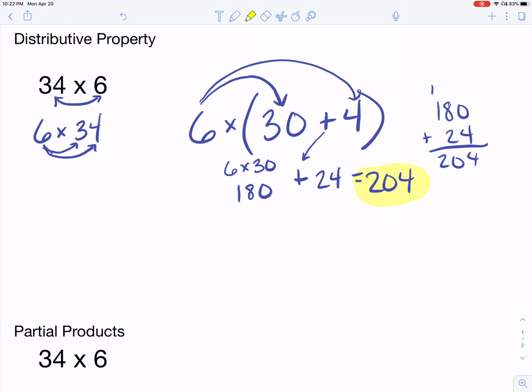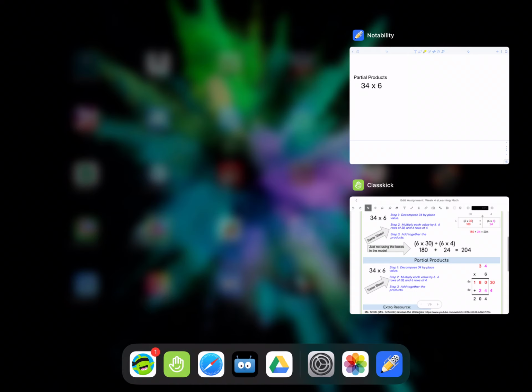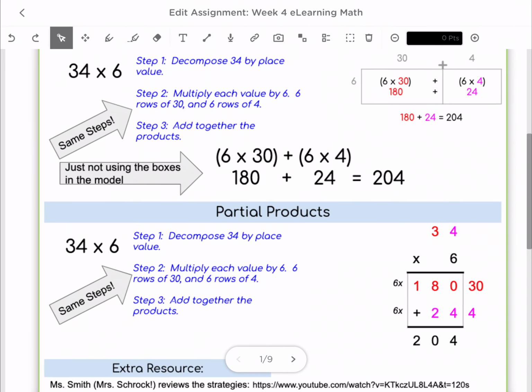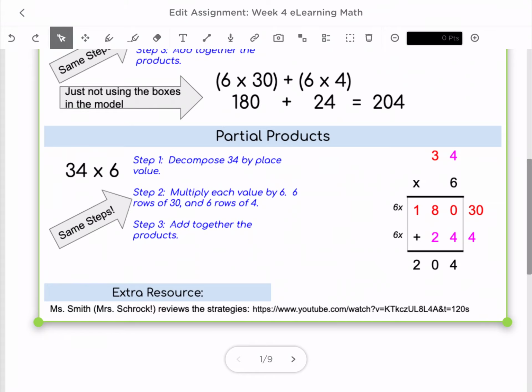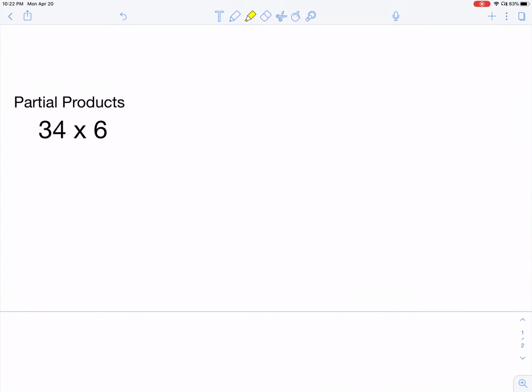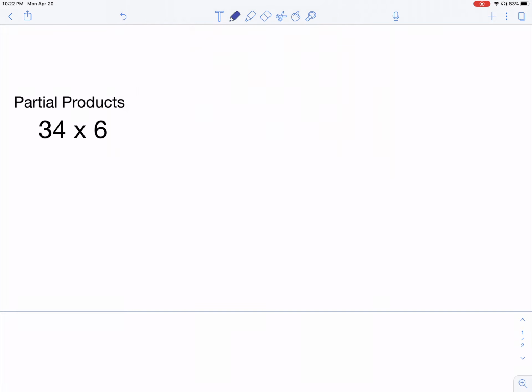All right, next, partial products. And again, go back to Classkick, and it gives you an example here. So partial products, this is the one that I think most connects to what you'll be doing in 5th grade.